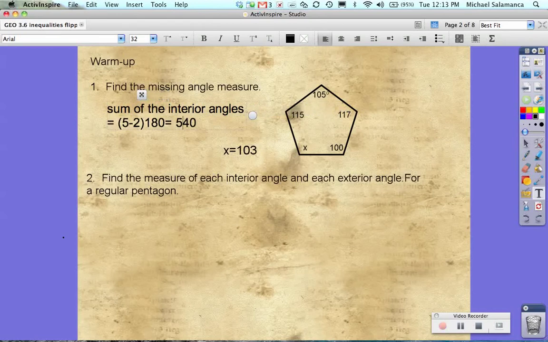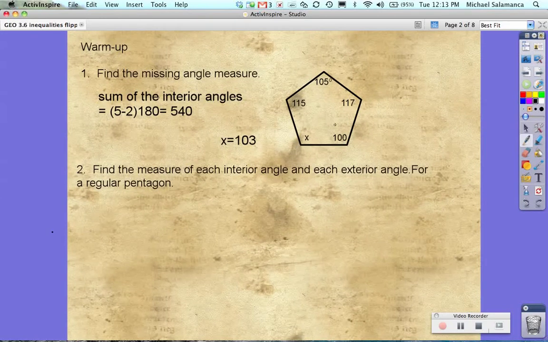So that's how we're able to get this answer. And so we get 540 degrees and we subtract all of the angles from the 115, 105, 117, and 100, and we're left with 103 degrees.